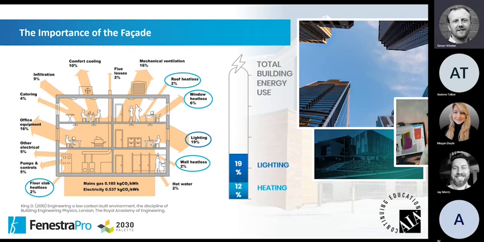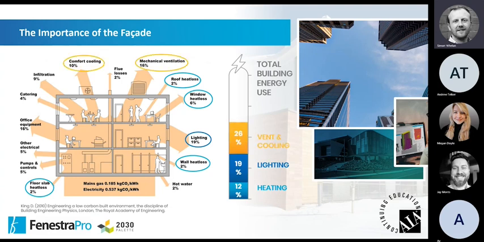We're using 19% of a typical building's energy use on artificial lighting, or, to put it another way, the lack of natural daylighting, right? We're always going to need artificial lighting, but if we optimize and maximize the use of natural daylighting throughout the day and throughout the year, we can certainly reduce that quite significantly.